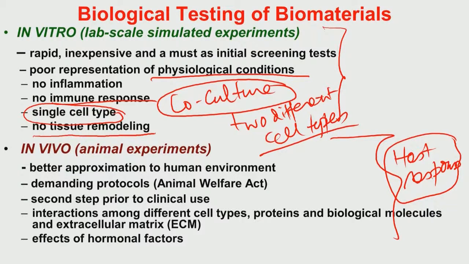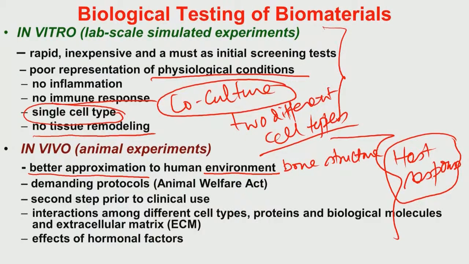In contrast, in vivo experiments, that is the animal experiments, are a better approximation to the human environment. Let me spend some time on this first point, what is a better approximation of the human environment. Essentially, the human physiological environment or human bone structure, bone composition or bone characteristics. Now, the human osseous structure can be defined depending on the anatomical location.